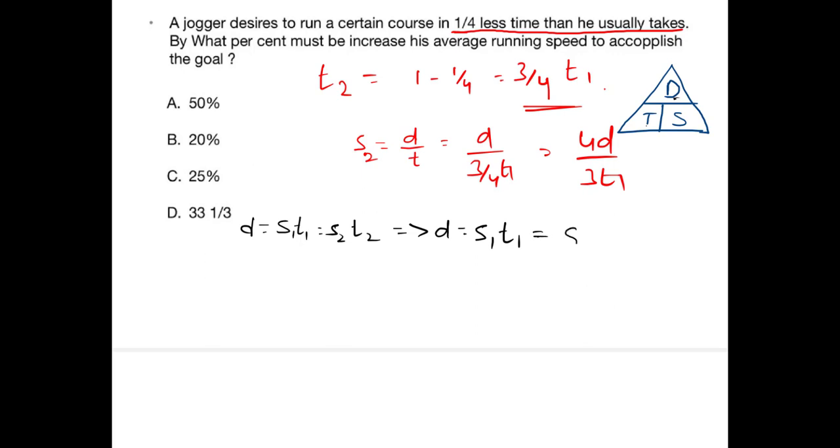We can write T2 as 3 by 4 into T1. Okay, we can write it this manner.